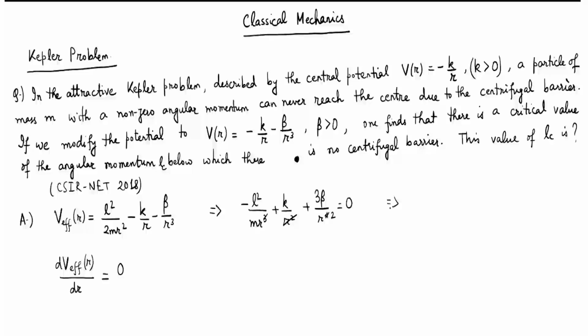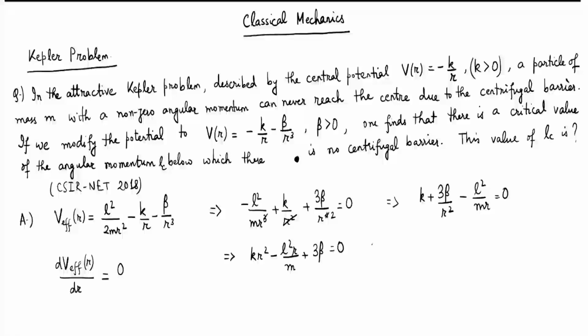So this comes out to be k plus 3 beta by r square minus L square by m r equal to 0, which implies k r square minus L square r by m plus 3 beta equal to 0.